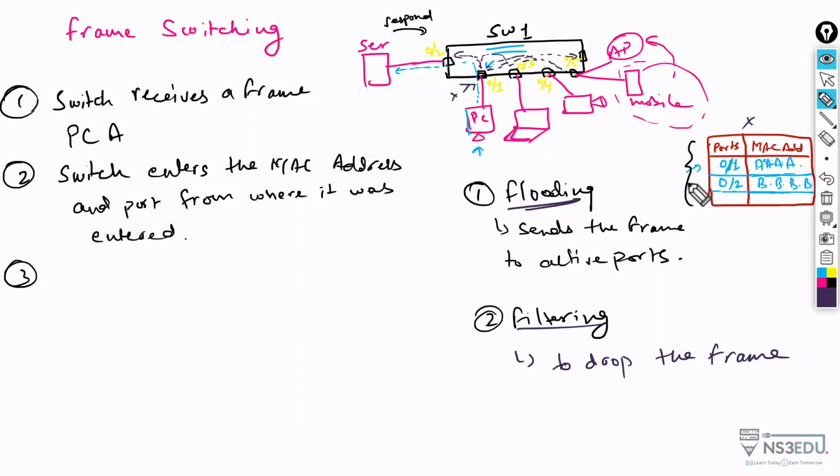If it does not have any kind of MAC address table, it will flood the entire frame to other ports, and will find out who has the destination MAC address.